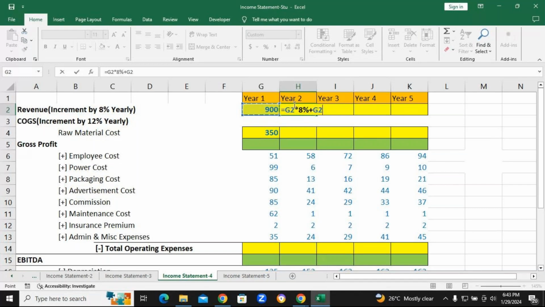Enter. I'll come here and do the fill series. I'll show you once again if you did not understand. First I type equals, previous year revenue into 8% plus the previous year value. This calculates the rate of increment plus the previous year value. Enter. Now I'll drag it towards my right.